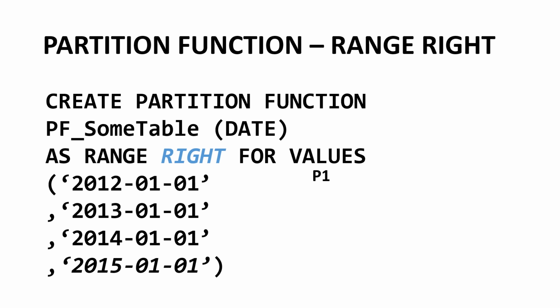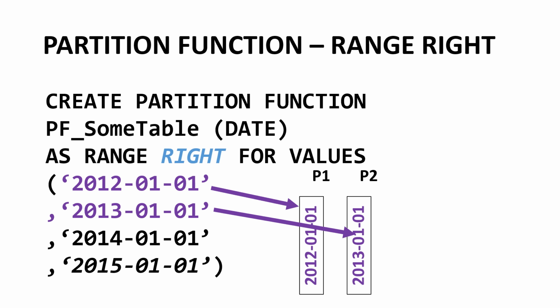So partition 1 would be January 1st, 2012. And then partition 2 is January 1st, 2013. I put them vertical like this so you can clearly see what's in purple is what you explicitly defined. But within that definition, there is an implied upper boundary for the partition.